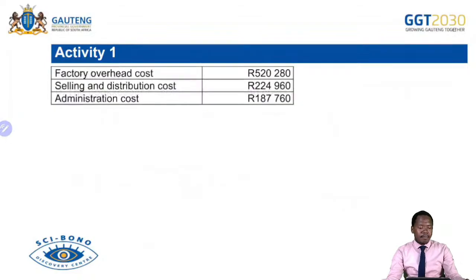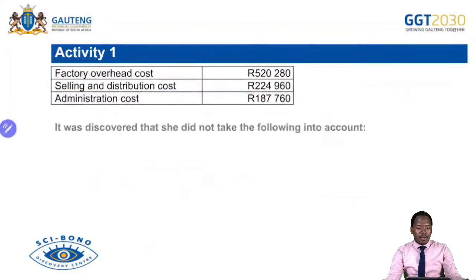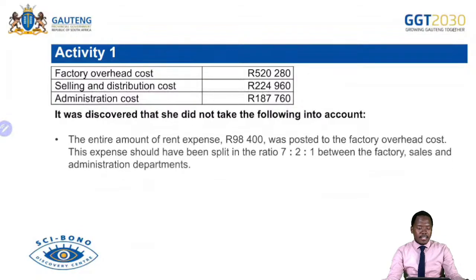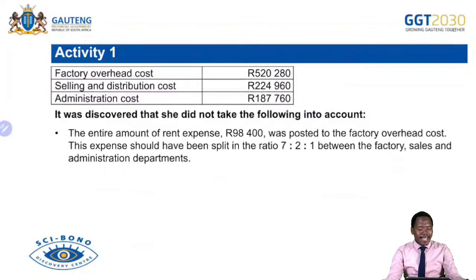The next item. It says that the entire amount of rent expense of 98,400 was posted to the factory overhead. This expense should have been split in the ratio 7:2:1 between the factory, the sales, and the administration departments.